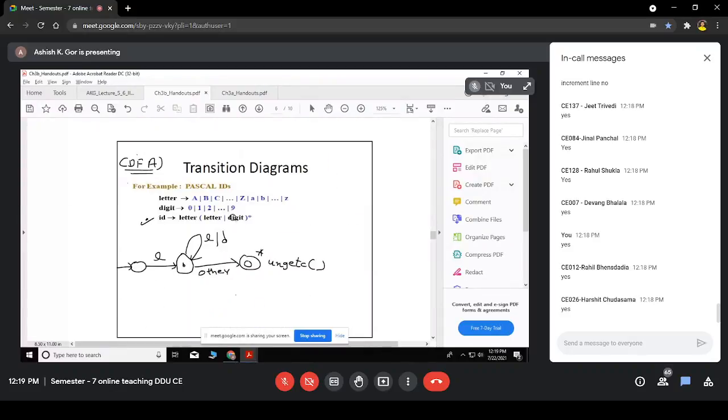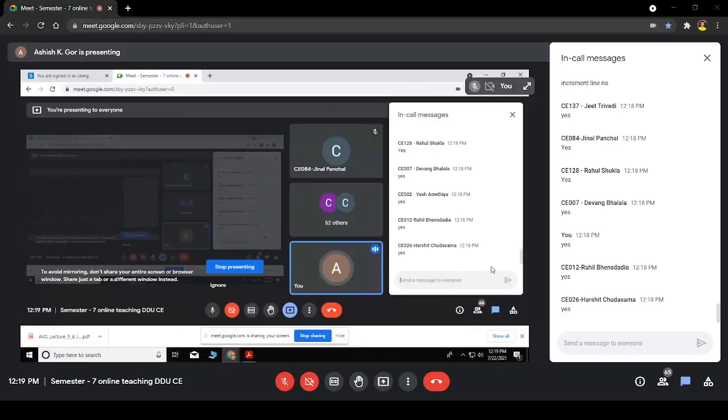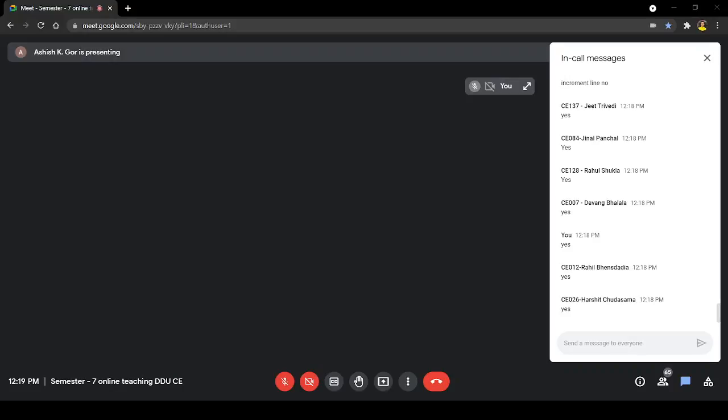Okay. Now let me tell you something about transition diagrams. Transition diagrams are a generalization of DFA or NFA, right? Generalization of DFA, deterministic finite automata.